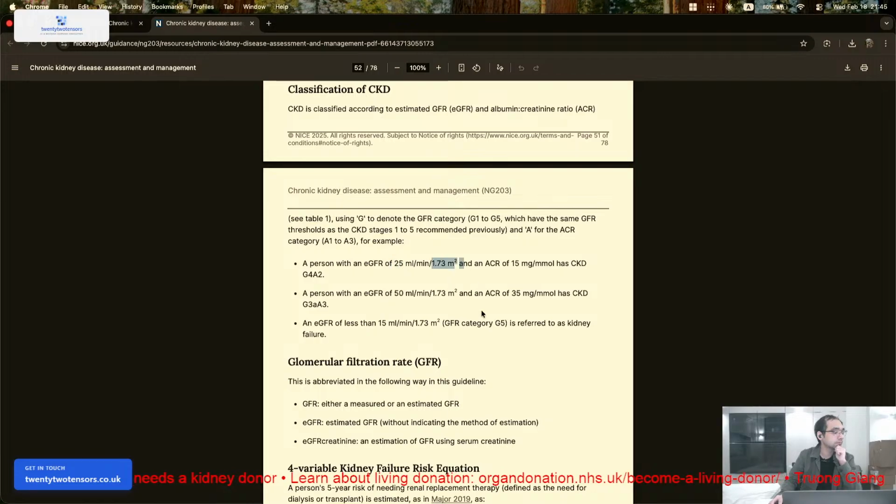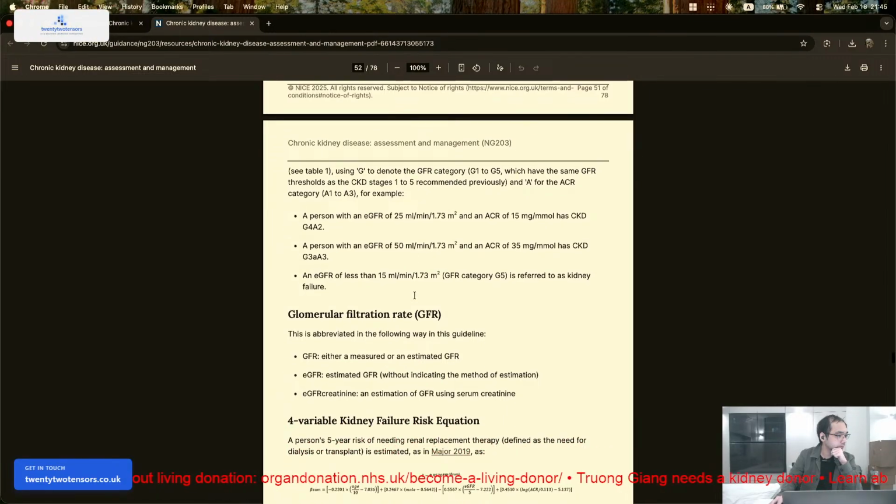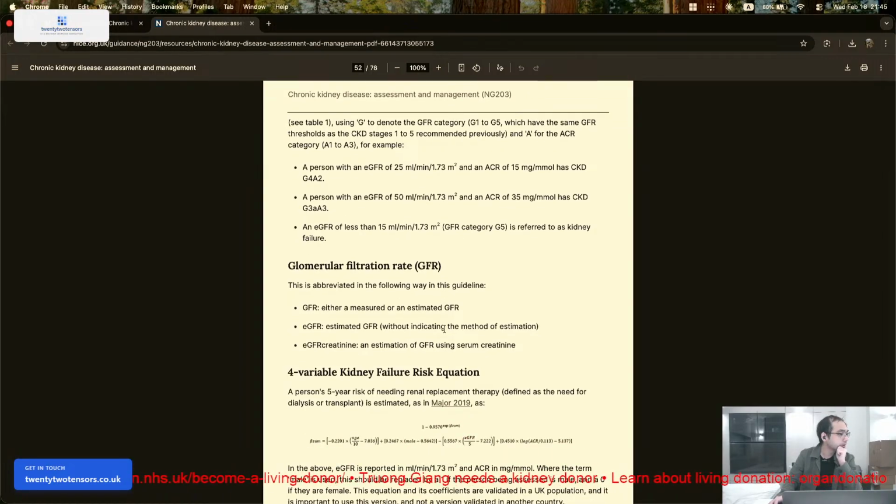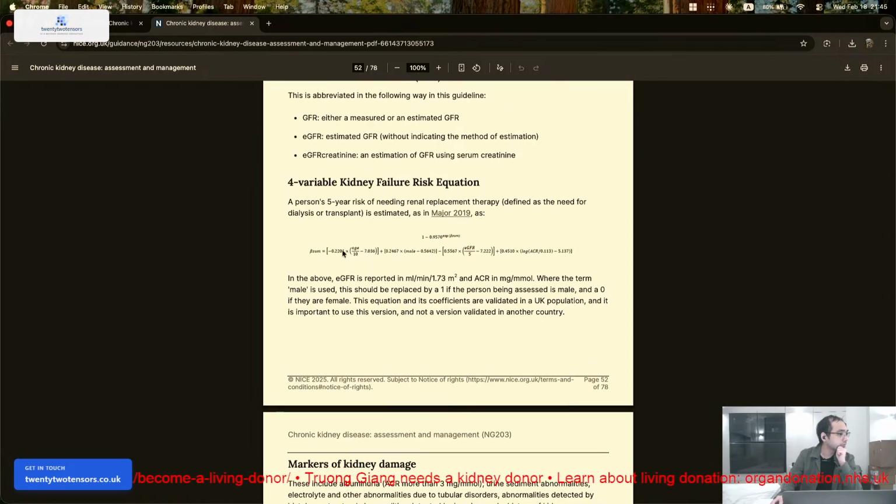It's like 25%. So when I was first admitted to the hospital, my level was already lower than 50. Here is a risk calculation.